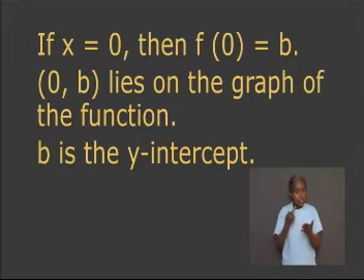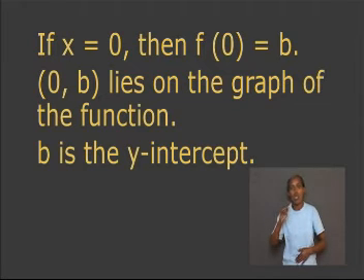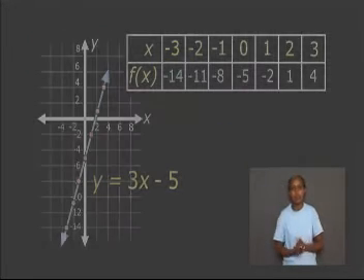This means that (0, b) lies on the graph of the function, and the graph passes through the ordered pair (0, b). This point is called the y-intercept because it is the point at which the graph intersects the y-axis.